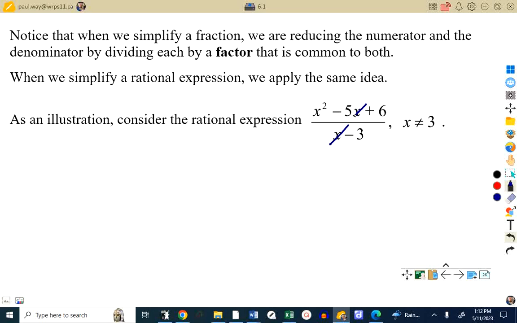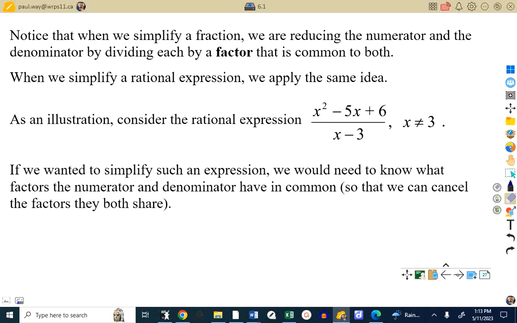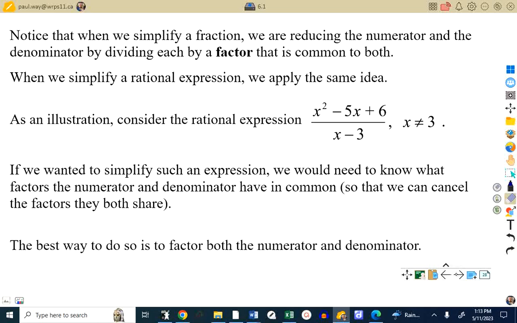The x isn't being multiplied on the bottom by the whatever else is there. It's x minus 3. In other words, the x that I've canceled on the top and the bottom is not a factor, and I'm not allowed to do that. So I can't cancel anything right now unless I were to factor things first.